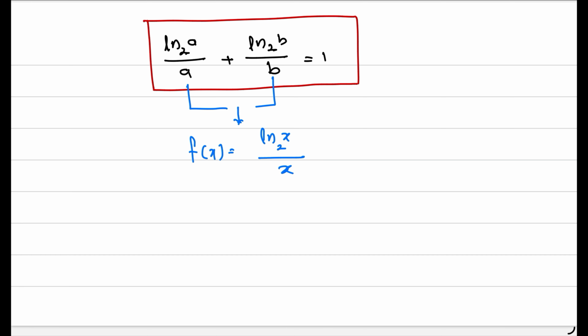The range of this function will be, the maximum value will be at x is equal to e. Please refer to my previous lectures.